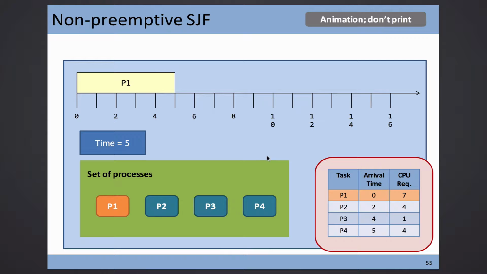So let's take a look at version number 1. We call it non-preemptive scheduling. Non-preemptive means that the arrival of a new job won't stop the original job and kickstart the scheduler to pick another one. That means that once you're in the CPU executing, let's say this P1 has a 7 seconds time requirement, then no matter how many people get into the queue, it won't be preempted.